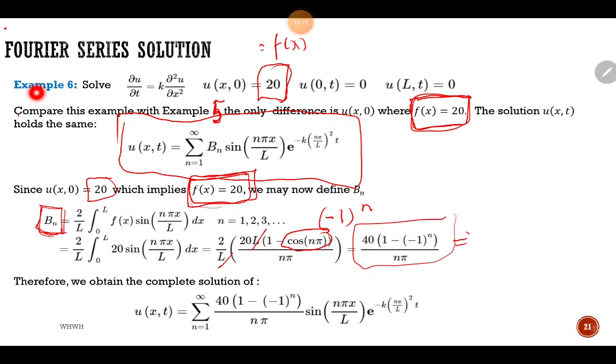So this is your bn. So dari sini kita masukkan je lah. This is our bn. Sin n pi x over L e the power of blah blah blah. So this is our complete solution of this example. Okay, the complete solution of this example if given the initial condition fx is equals to 20.